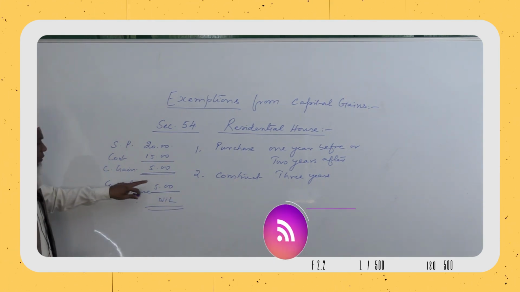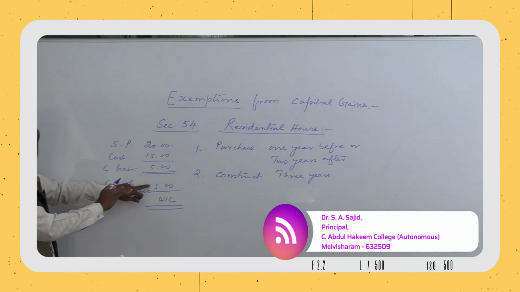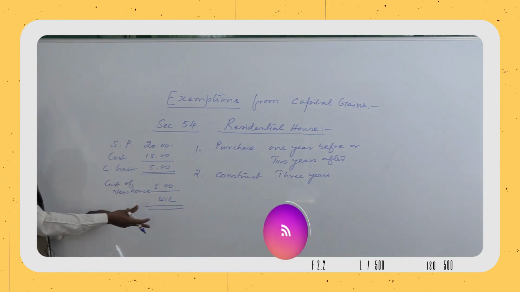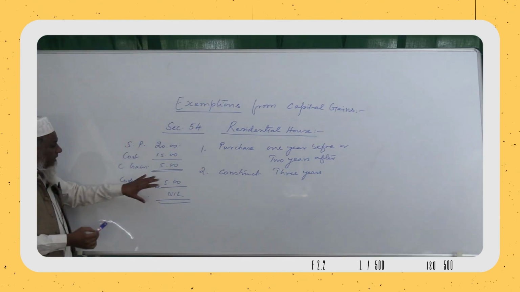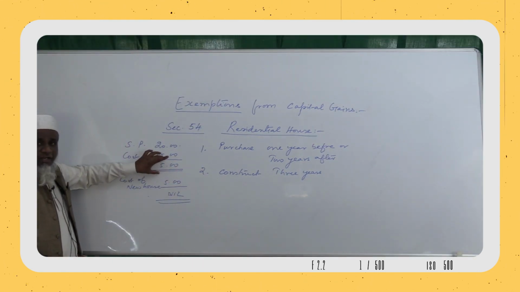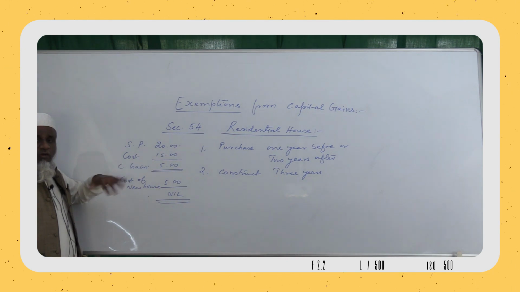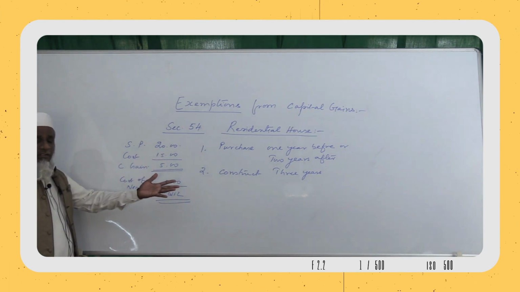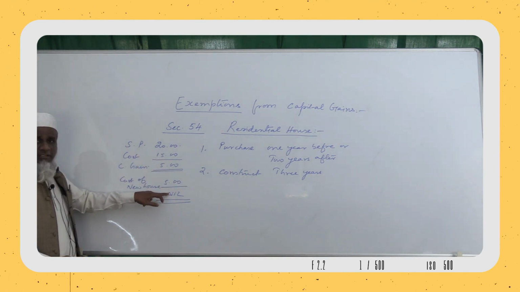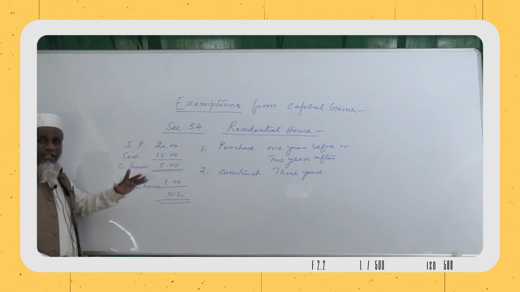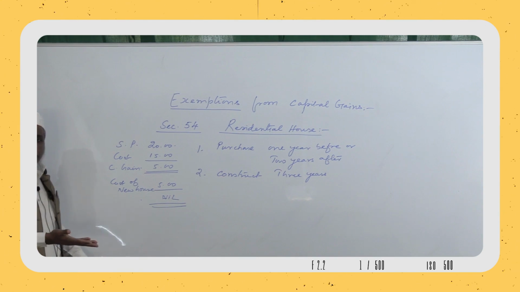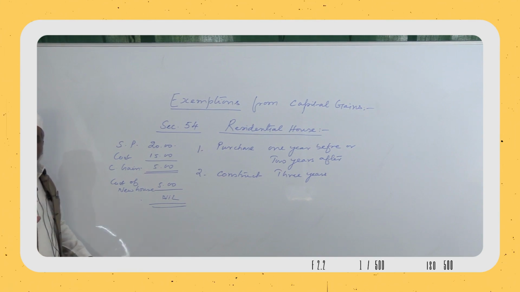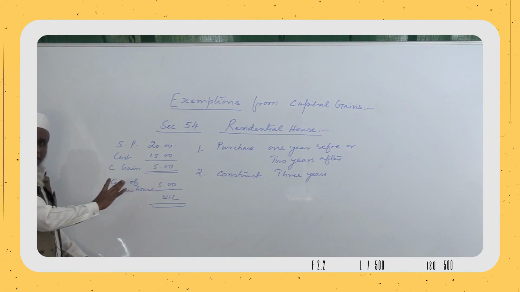If I am able to invest only 3 lakhs, then 2 lakhs will be taxable. Another time, if I invest 6 lakhs, the gain is only 5 lakhs, whereas I have invested more money, then you cannot put minus. The gain is exempted. The excess money which you have invested will not give any benefit under this section.